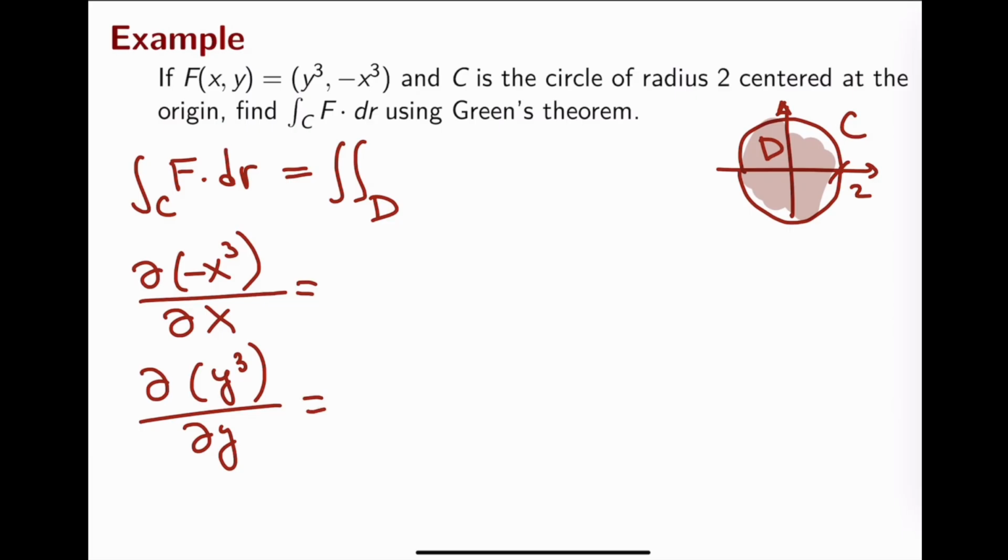In the first case, the derivative of minus x cubed is going to be minus 3x squared. And the derivative of y cubed with respect to y is going to be 3y squared. So then the subtraction that we have to write here will be just minus 3x squared minus this one, 3y squared.